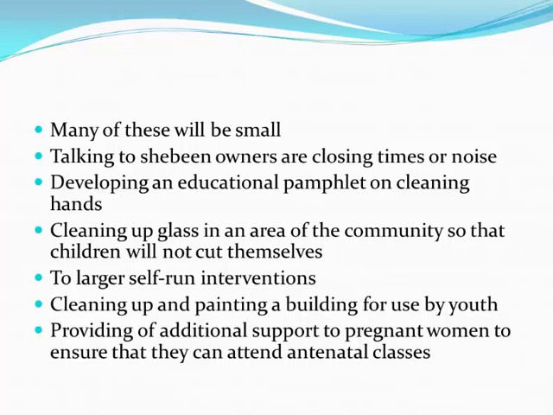Sometimes one of the problems might be a lack of facilities for children, but there is an open field, so maybe the community can draw together and clean up an area. And these can extend to larger self-run interventions, maybe cleaning up and painting a building for use by youth. There might be an abandoned building in the community under the ownership of the city council, or some separate authority, that can be cleaned up and painted and then turned into a facility for some of the youth.